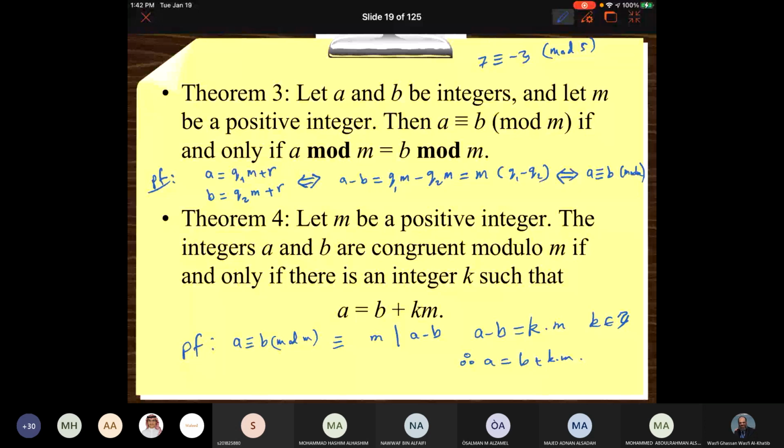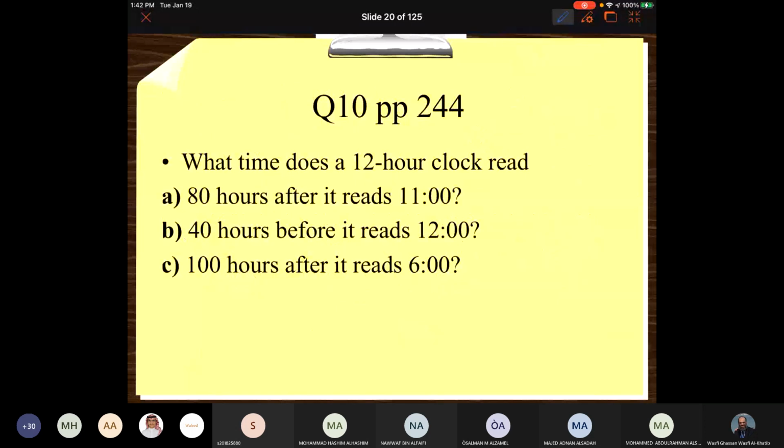Okay. So let's do a couple of these examples. What time does a 12-hour clock read 80 hours after it reads 11? Come on, guys, on the chat.